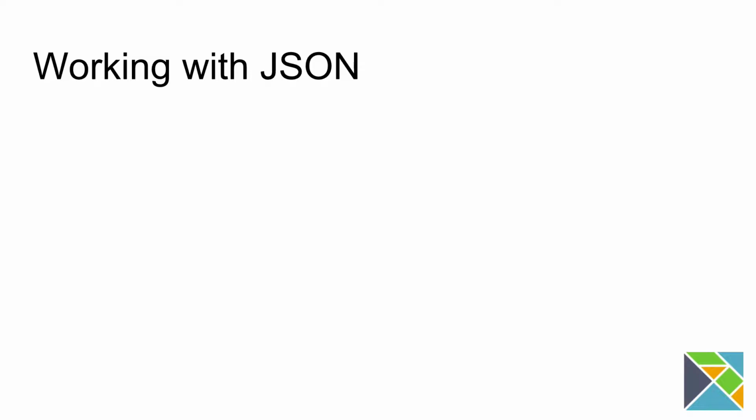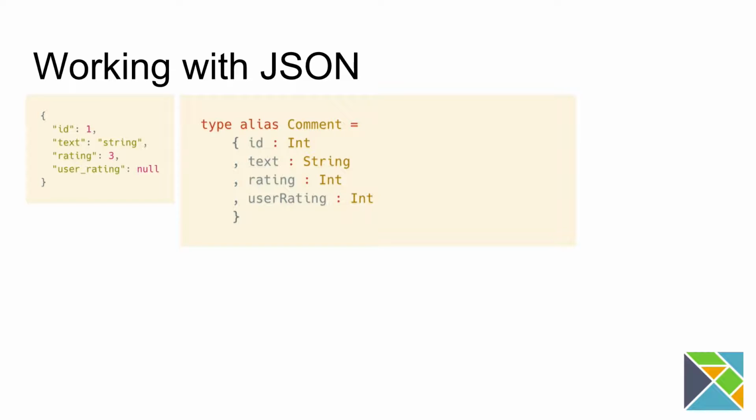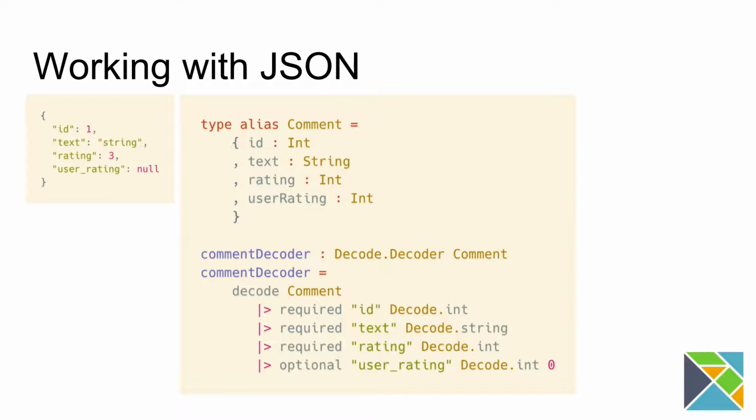And another strange thing in Elm is how the JSON is handled, because in JavaScript we know that you can just parse JSON and it will hopefully work if the JSON is valid. In Elm we need a special type for the JSON and a decoder, so every value that we want needs to be decoded.